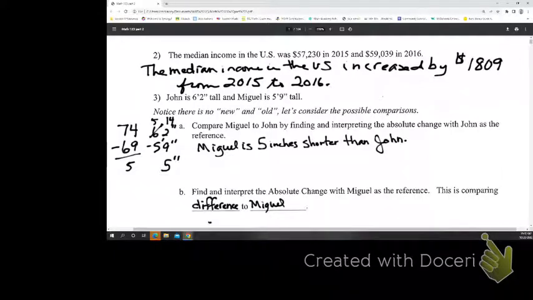So I would say John is 5 inches taller. I can't say shorter anymore, right? Taller than Miguel. So we never really use a -5 because we're just using shorter and taller.